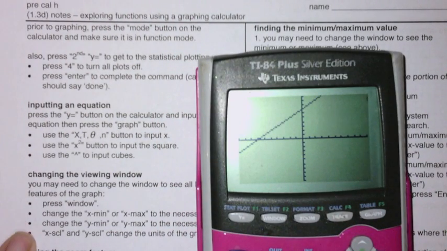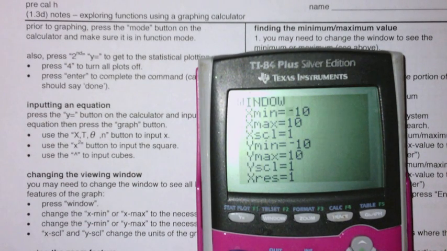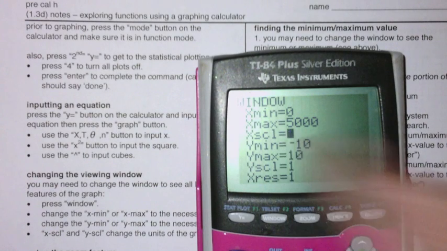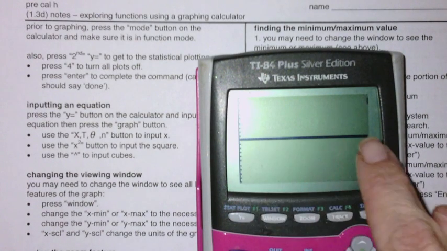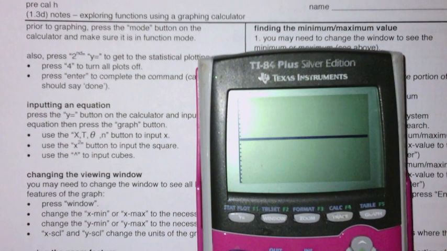So here I am, back here. And so we've changed the viewing window already. So if you need to zoom out, sometimes we need to zoom way out. Sometimes we're dealing with real life data. And so, for example, how far away is the ball? It's not going to be negative. So we might have to change that to 0. And we might have to change that to something ridiculous like 5,000. Usually when I change it to 5,000, if the scale is 1, you're just going to see a bar because the calculator isn't pixelated enough to put 5,000 little dots for you.